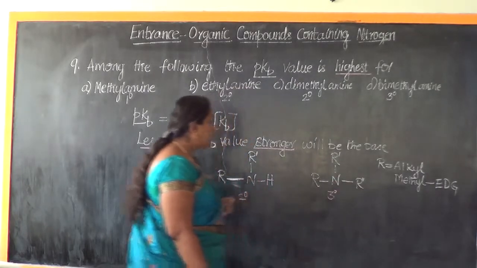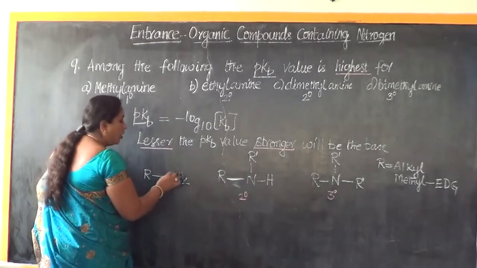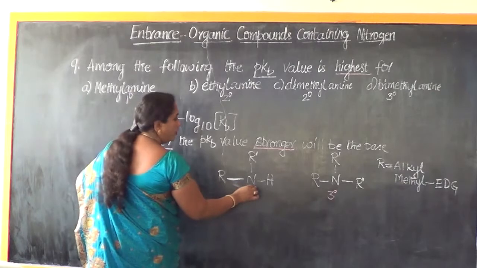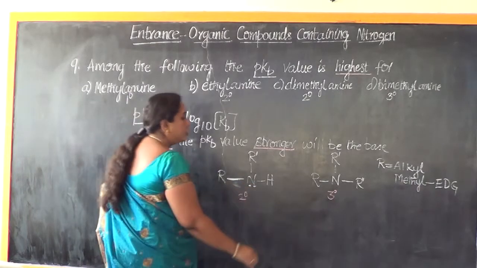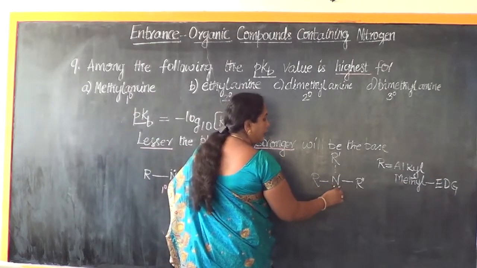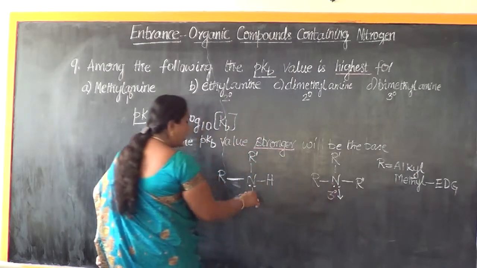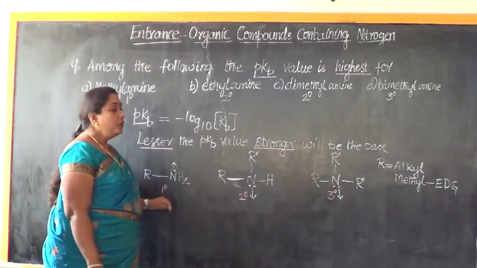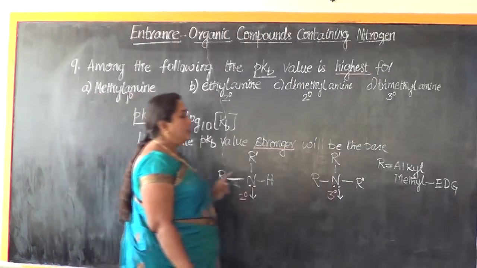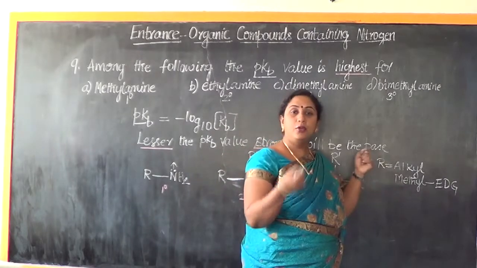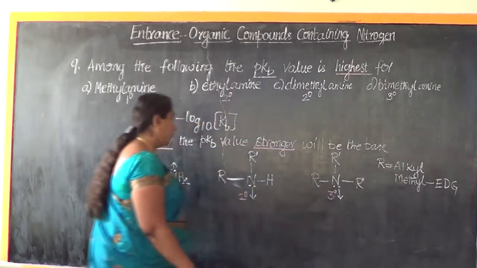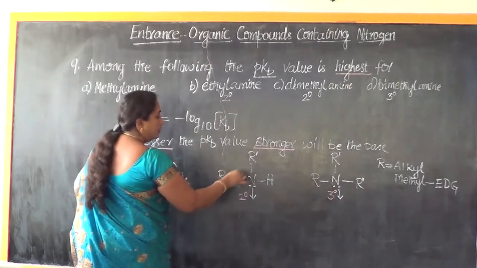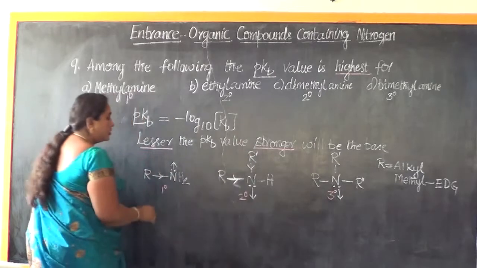Now the nitrogen of the amines has a lone pair of electrons which it can donate, and then it can act as a Lewis base. On top of that, if an electron donating methyl group is also linked to nitrogen, they will also be donating electrons to nitrogen.